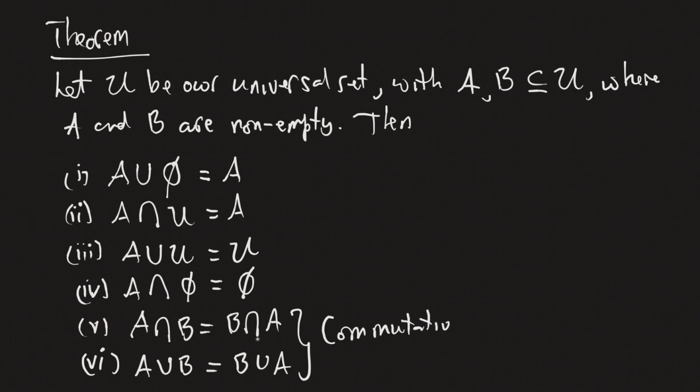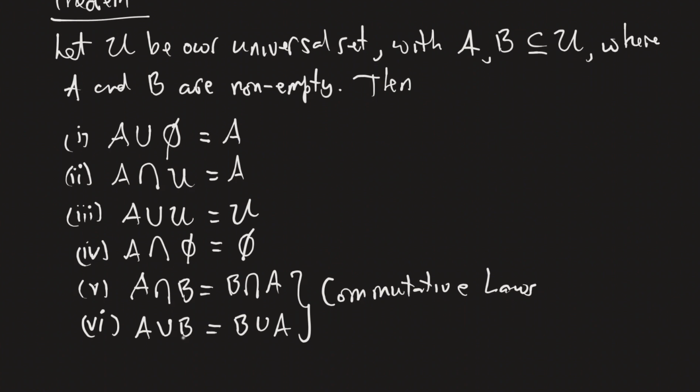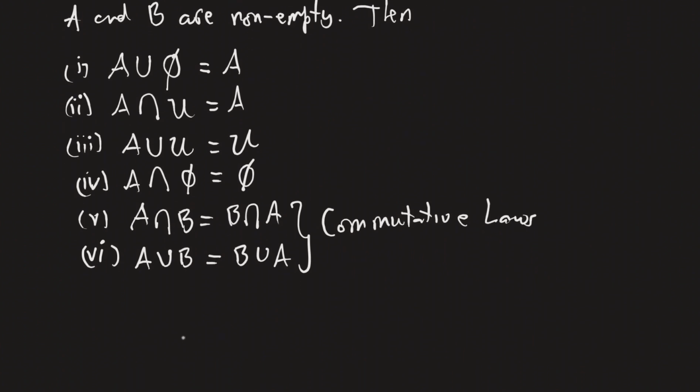Both the union and the intersection obey these laws. It's very similar to x plus y being the same as y plus x, or x times y being the same as y times x, properties that you're used to with real numbers and complex numbers, right? So those are commutative laws.